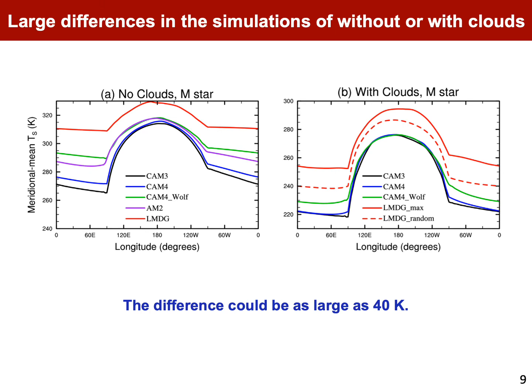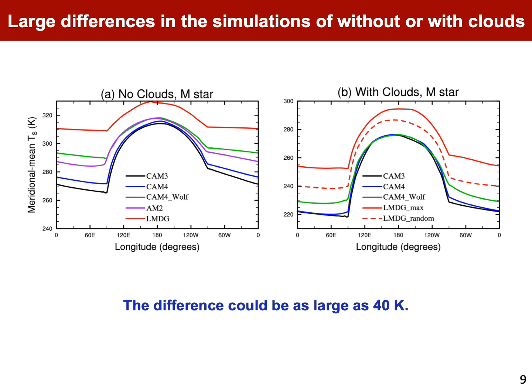But when water vapor and clouds are included in the simulations, the difference between the models can be very large. In global mean, the surface temperature difference can be as large as 14 Kelvin between the models.